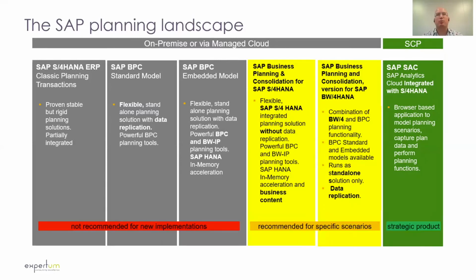This is a picture from SAP, therefore, this is their opinion. So the older versions of BPC, so the 10.1 version and older, should not be used anymore for new implementations. If you want to do planning in the SAP landscape, you should either use Business Planning and Consolidation for S/4HANA, or the version for BW for HANA, or the cloud version for S/4HANA.